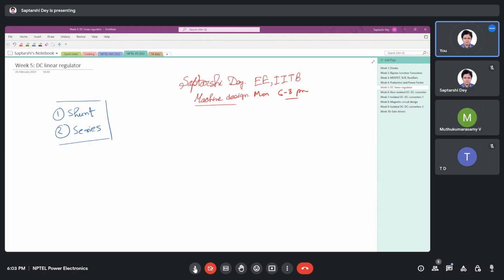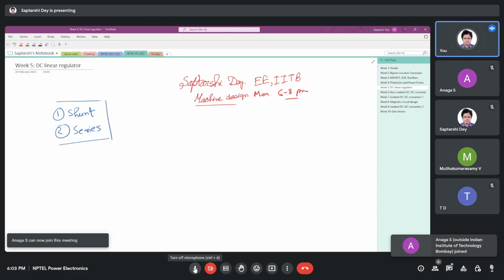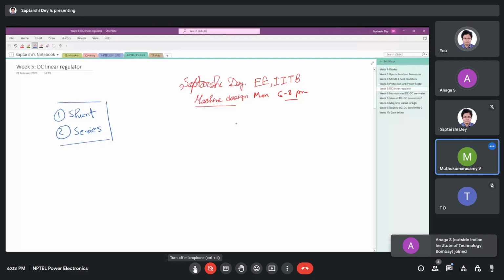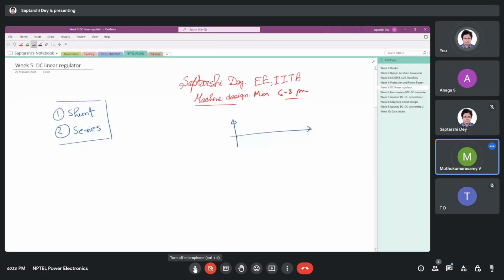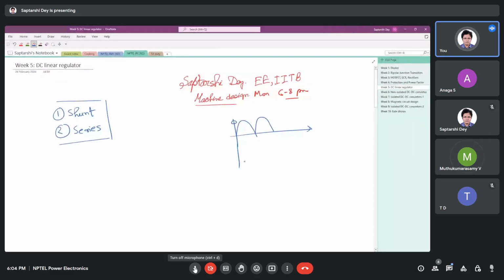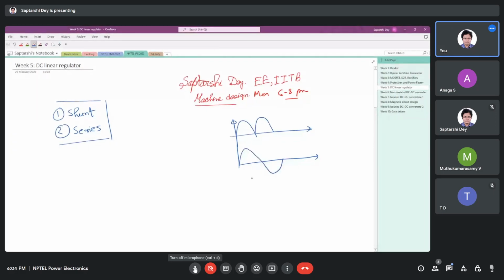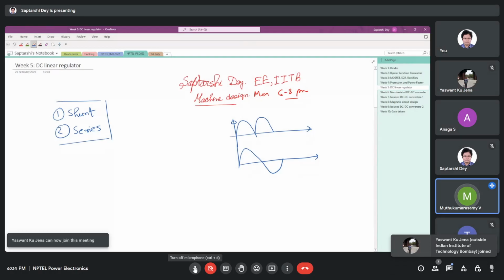They have mentioned that it is connected across a 500 ohm resistive load. So if your rectifier is connected to a resistive load, then the output current is like this. And if the output current is like this, then the input current is pure sine. Yes, sir.